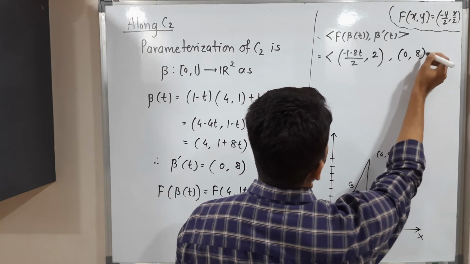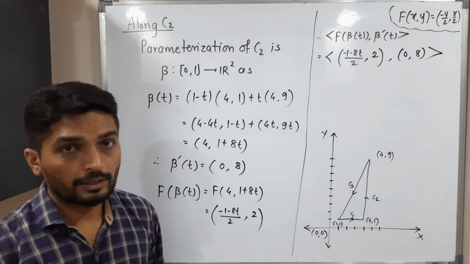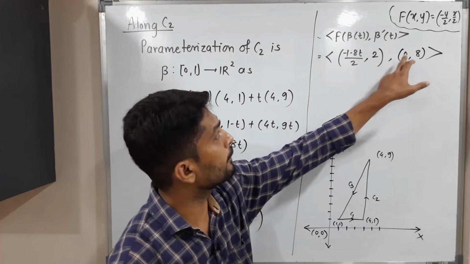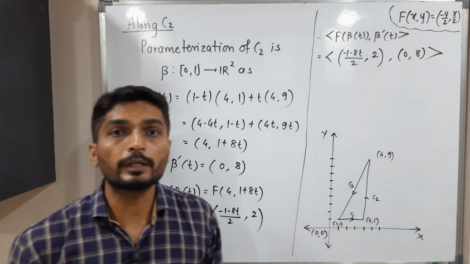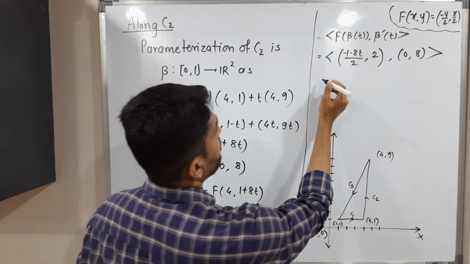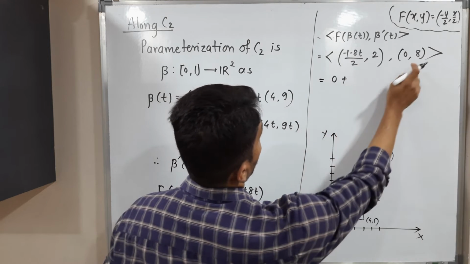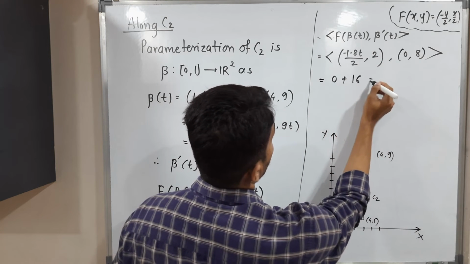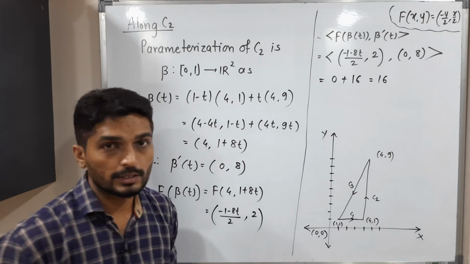So we have to take an inner product, right? The inner product is very simple: first component into first component. So 0 into anything we will have 0. 8 into 2 will have 16. So the value of the inner product is 16.